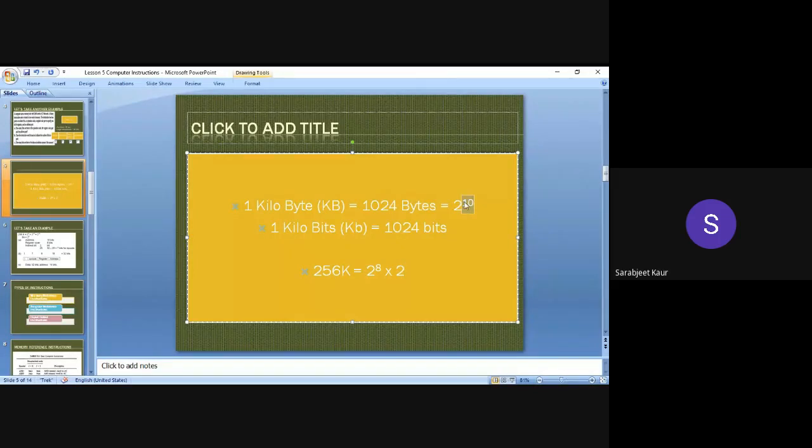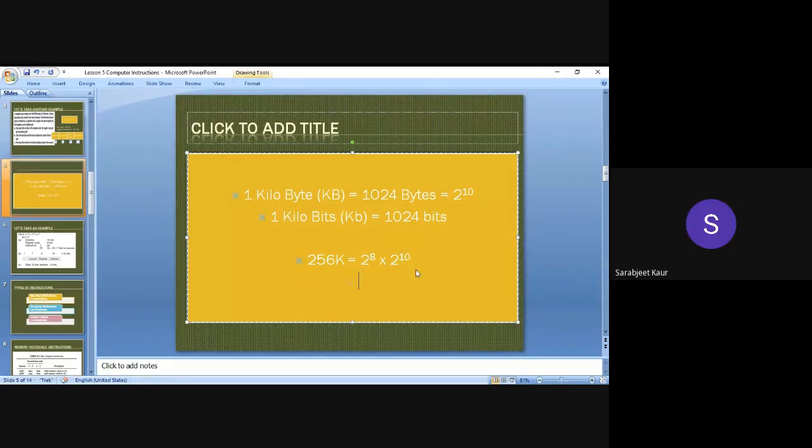We've just seen that. Is this clear up till now? Yes, ma'am. So what will this be equal to? 2 raised to the power 18. When the bases are the same, the powers are added.